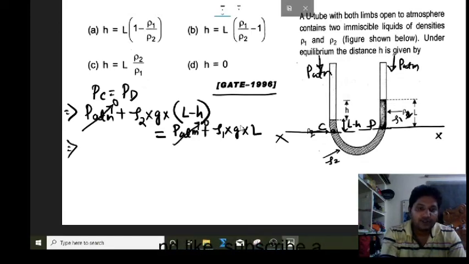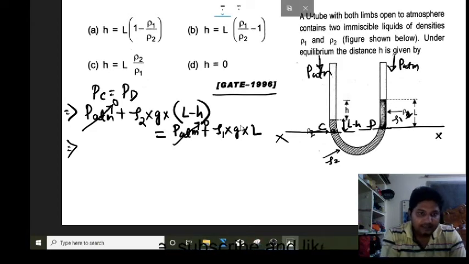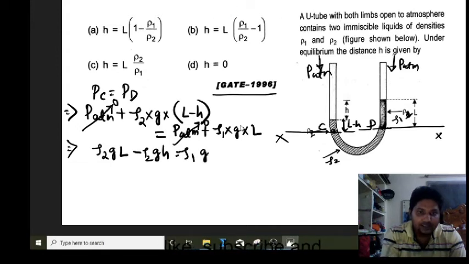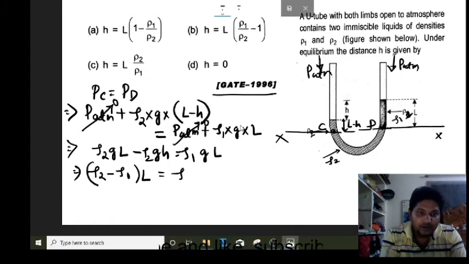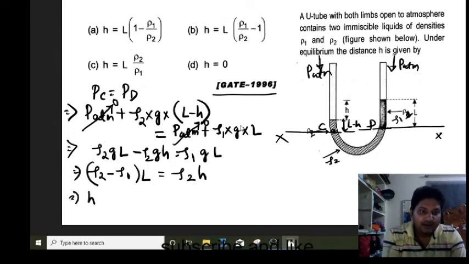Now g will cancel. So I can open this: rho 2 g L minus rho 2 g H will be equal to rho 1 g L. With g gone, rho 2 minus rho 1, into L, will be equal to rho 2 into H. So H will be equal to 1 minus rho 1 by rho 2, into L. This is my relationship.